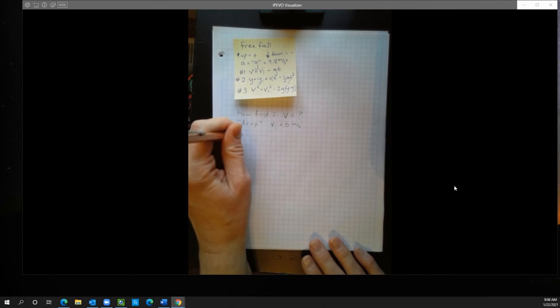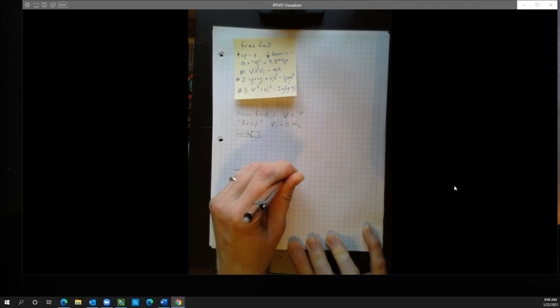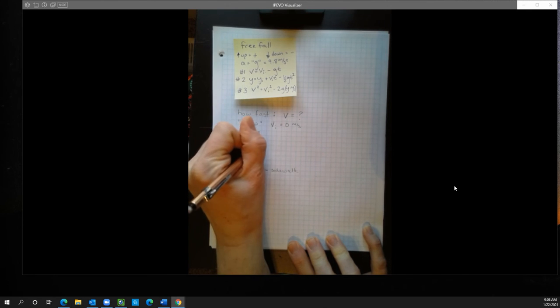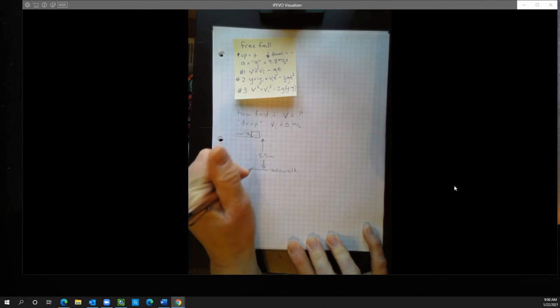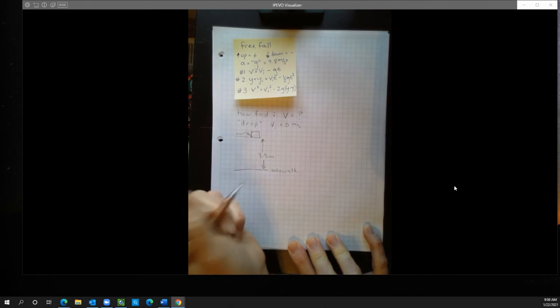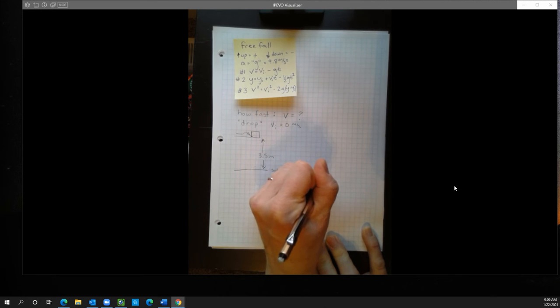So this person has a brick, it falls to the sidewalk, and the window is 3.5 meters above the sidewalk. We want to know the velocity at the sidewalk. So I can say the sidewalk ending position is y equals 0 meters.